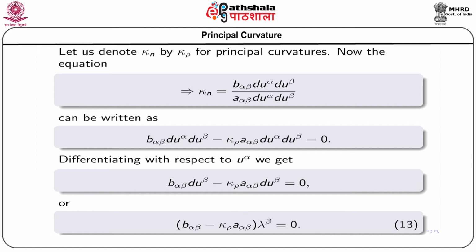So, we write b alpha beta du beta minus kappa rho a alpha beta du beta in the following format: b alpha beta minus kappa rho a alpha beta, the whole into lambda beta, that is equal to 0.